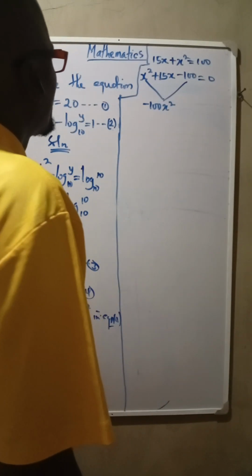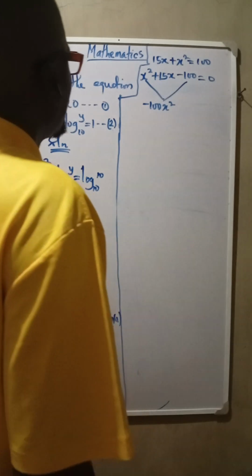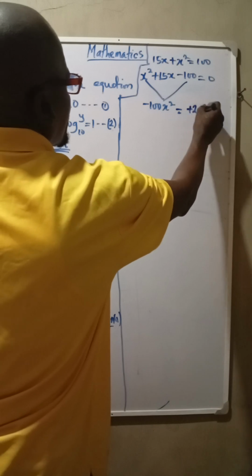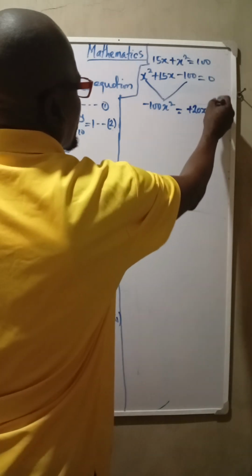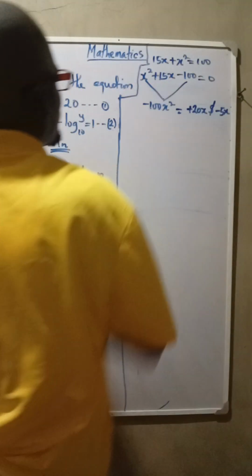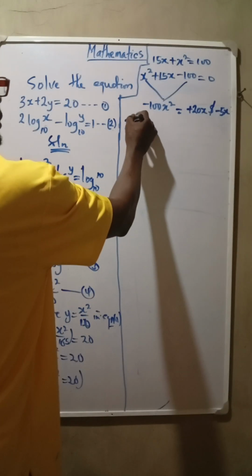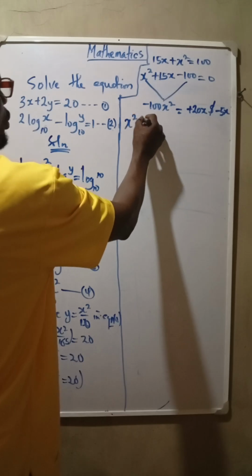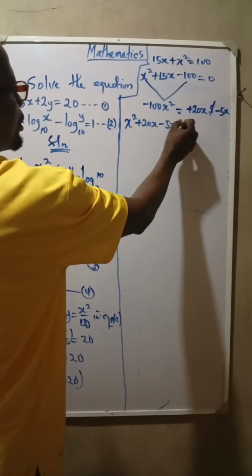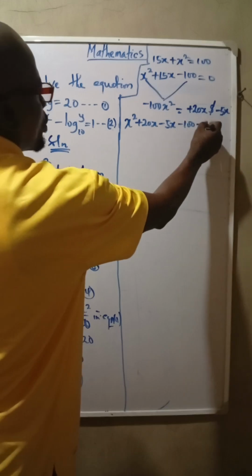And those factors are simply plus 20x and minus 5x. So that plus 20x minus 5x will represent it. Then we have x squared plus 20x minus 5x minus 100 equal to 0.